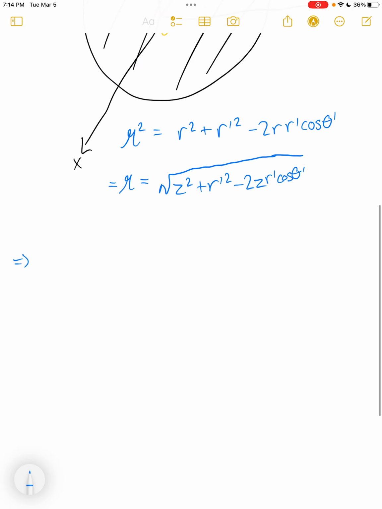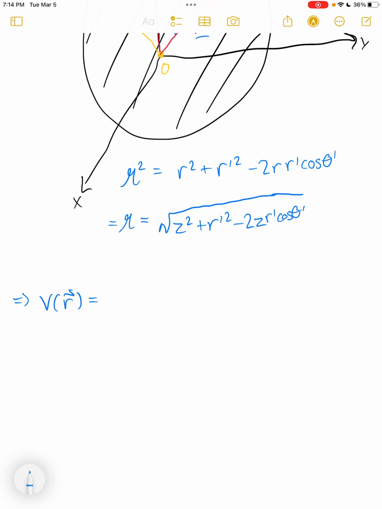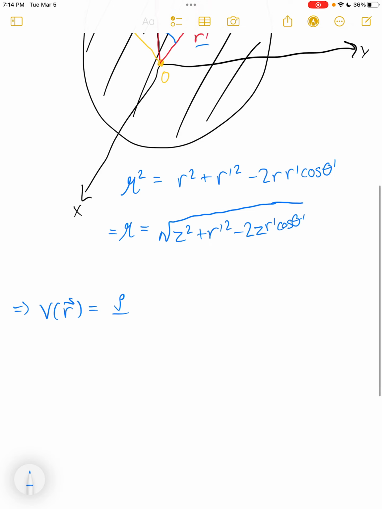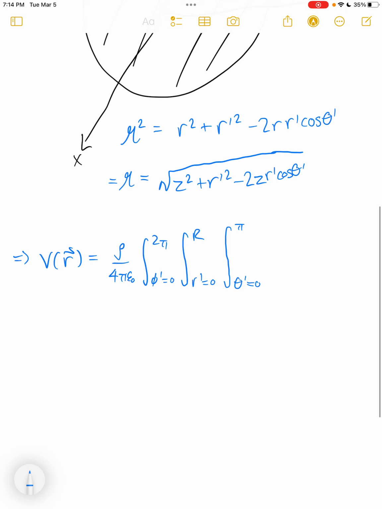Okay, let's find our potential inside this uniformly charged solid sphere. So in this equation, I'm going to take the charge density out of the integral because it's constant. Bring in d tau prime.